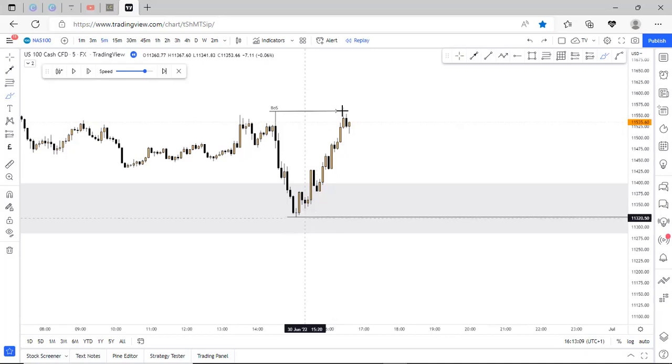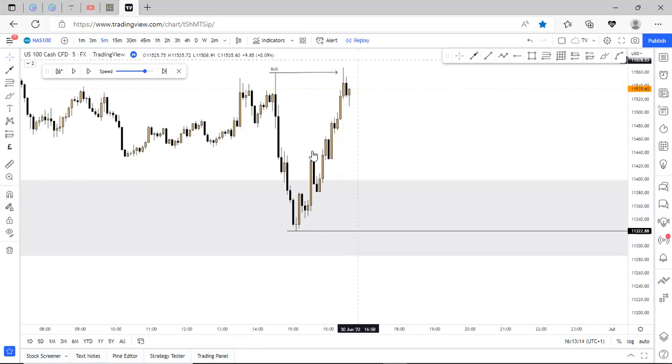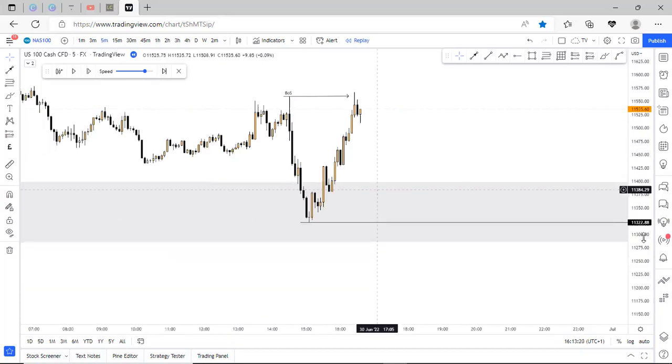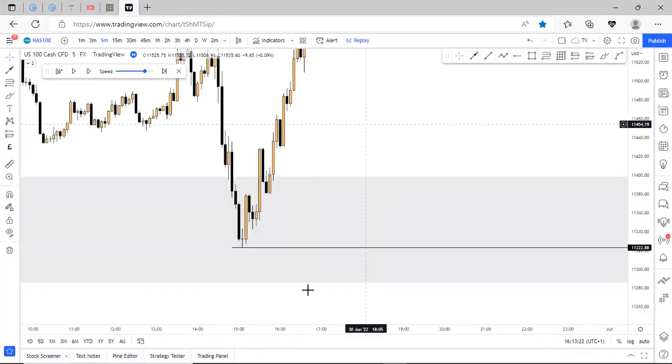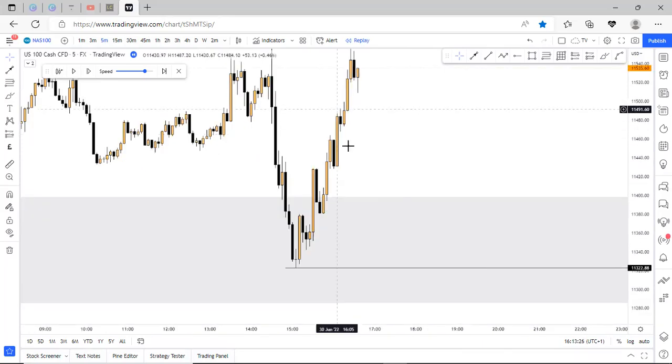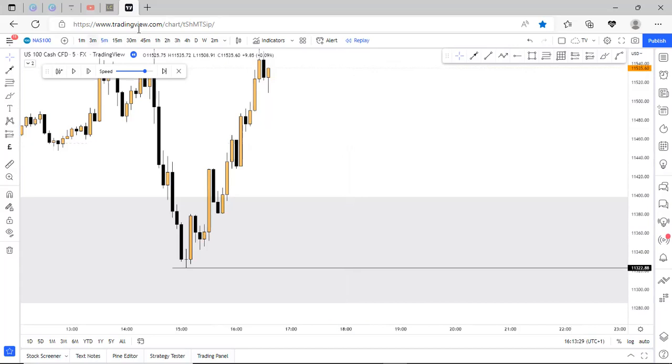Okay, so now that we have this break of structure, at this particular push to the upside, we want to look for our zone where we can get into a buy trade from. So all you need to do now, if you are on a particular time frame and you cannot get a clear zone, sometimes the zones may look mitigated. That's why you need to go from time frame to time frame.